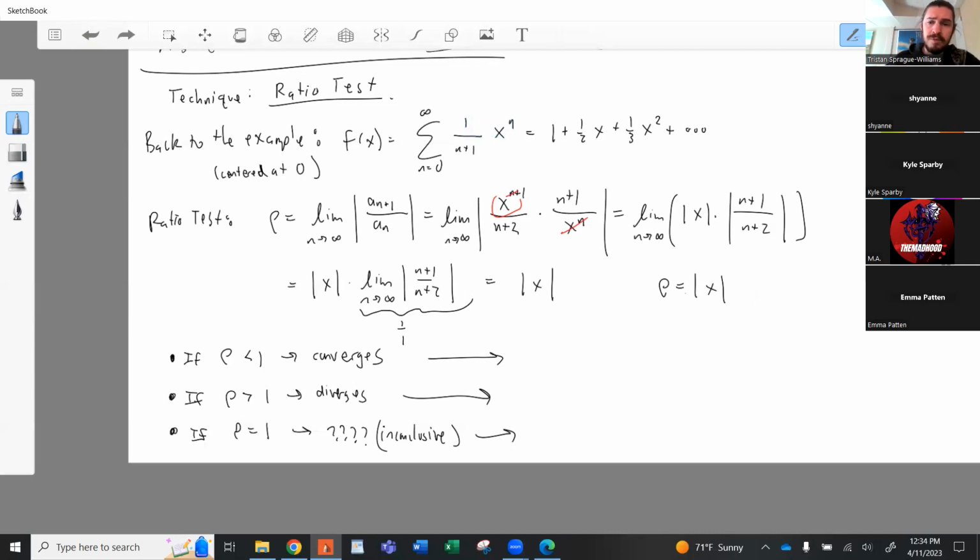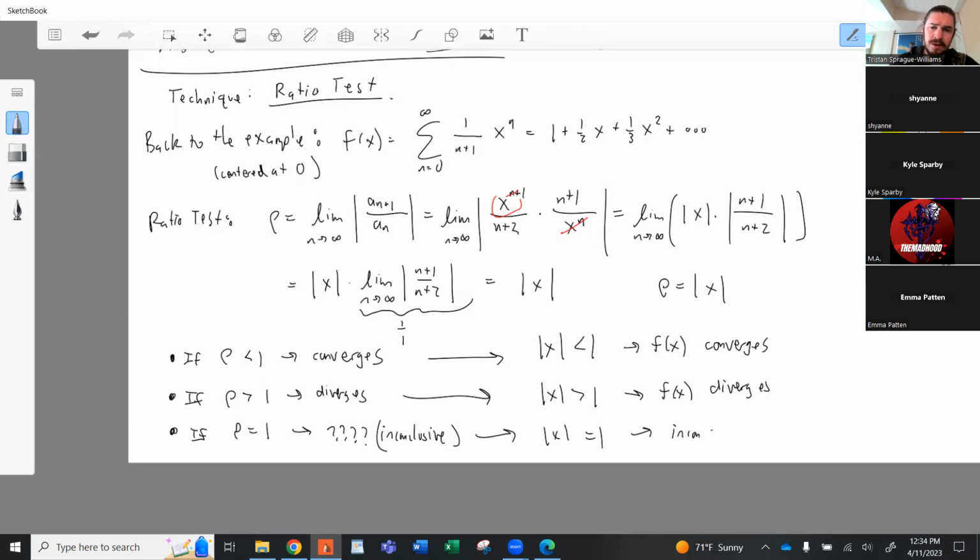So we replace our rho in these inequality statements with whatever the function of x is. If the absolute value of x is less than 1, then our series, which we can now refer to by the name f of x, since it's a function of x, our power series f of x converges. If that absolute value is greater than 1, the power series f of x diverges. And if it equals exactly 1, then it's inconclusive, right?